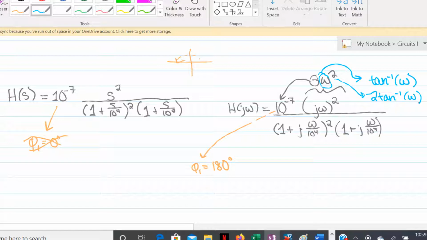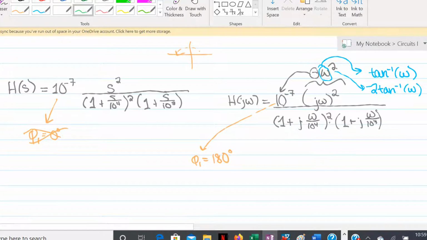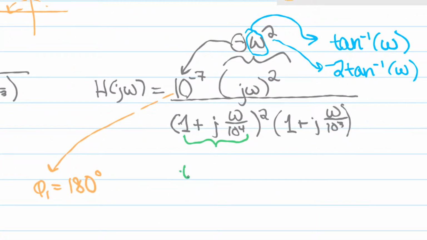Okay, now in the denominator, I'm going to use kind of the same idea for this term because it's squared. So if I just focus on the part inside parentheses, it's going to be inverse tangent of omega over 10 to the 4th. And then since that factor is squared, I use that angle twice.